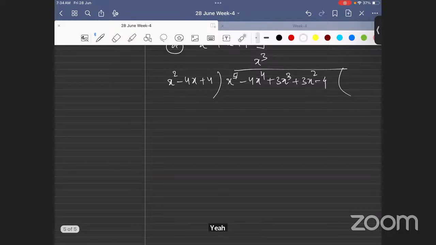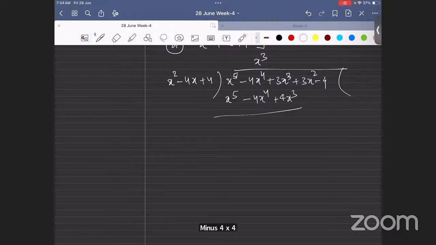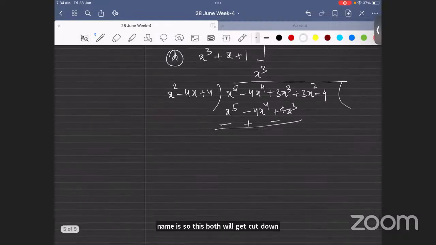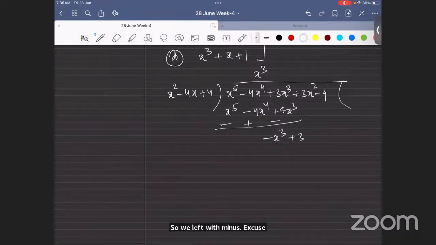Okay. So if you write it, you'll be left with x to the power 5 minus 4x to the 4 plus 4x cube. We'll take it as minus plus minus, so both will get cut down, right? So you'll be left with minus x cube plus 3x square.